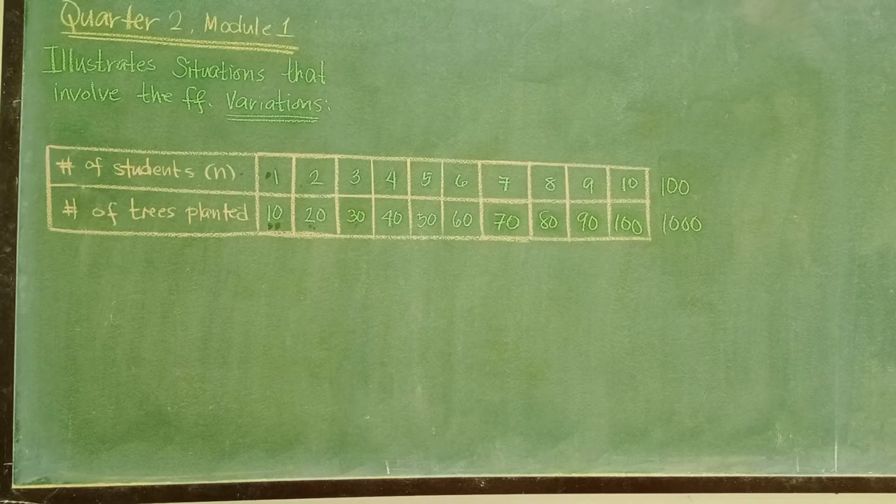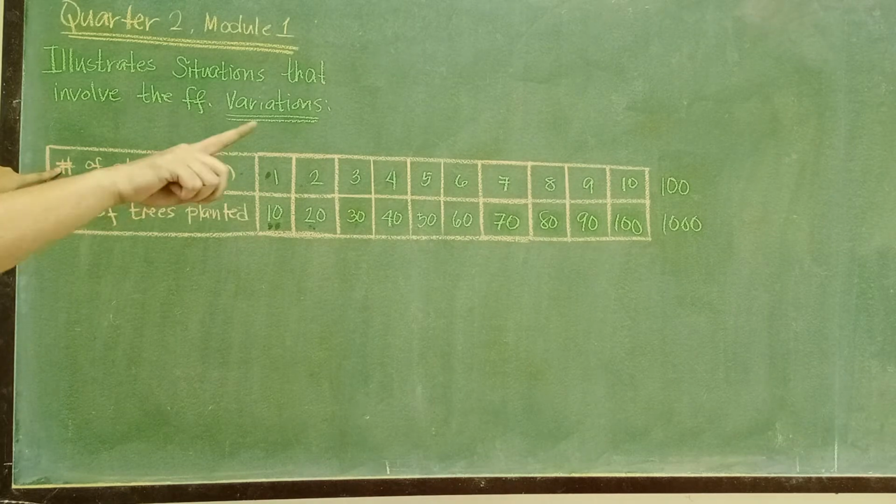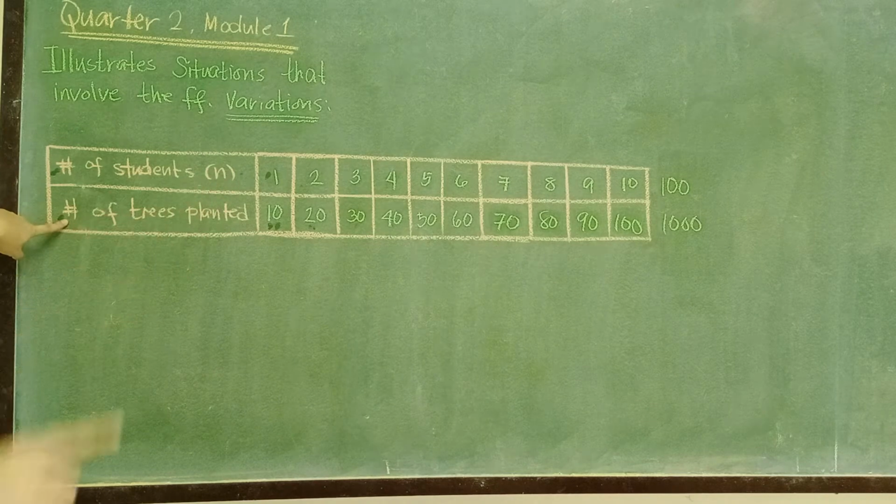So yan lang yung simple example regarding variations. Kung mapapansin ninyo, kapag tumataas ang quantity sa isang bagay, tumataas din yung sa ilalim. So kung tumataas yung number of students, tumataas din yung number of trees na mapaplant.